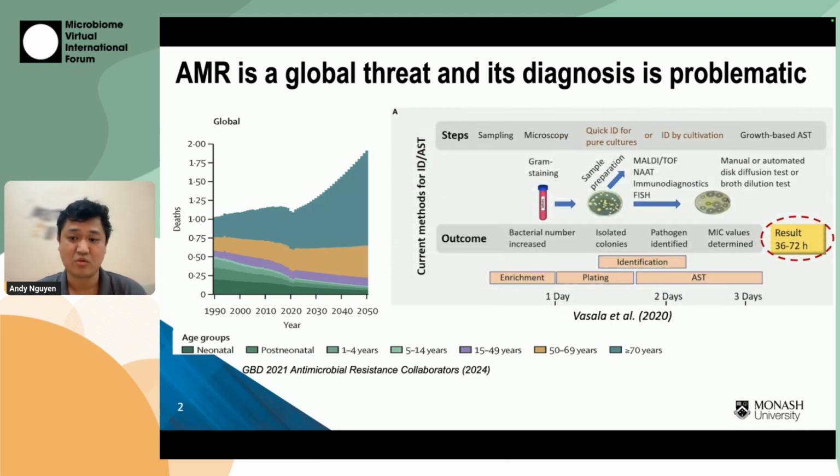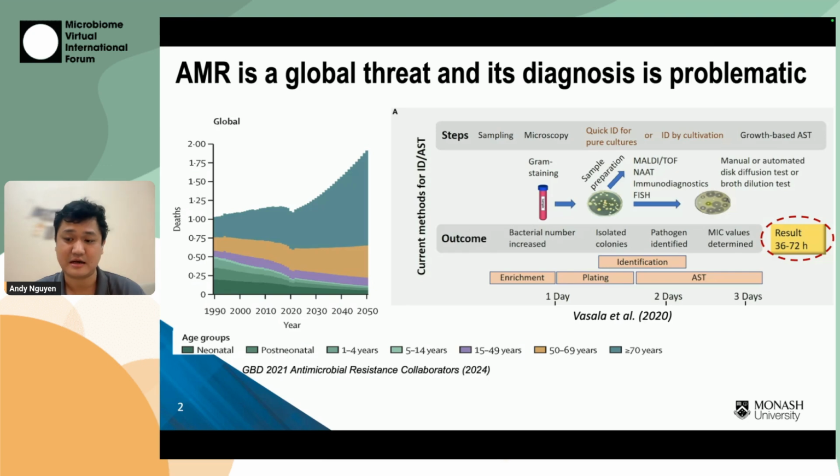This is because the gold standard susceptibility testing method, which is broth dilution, is highly accurate. However, the problem is its turnaround time, and it is also quite labour intensive.